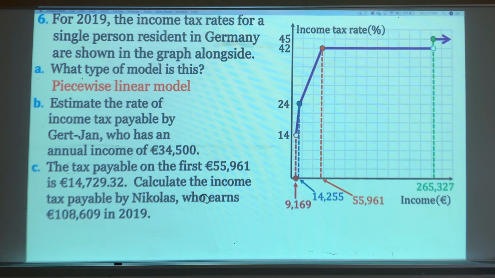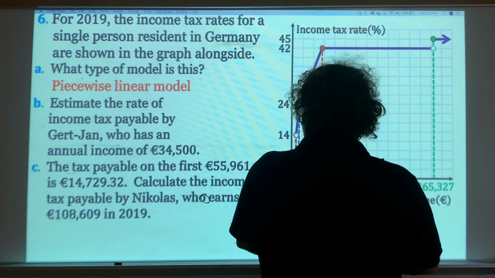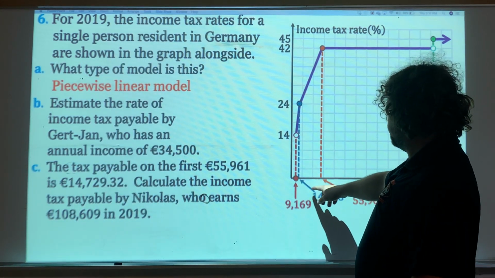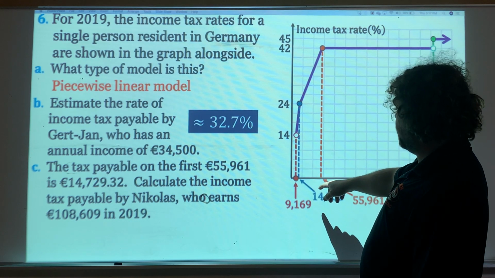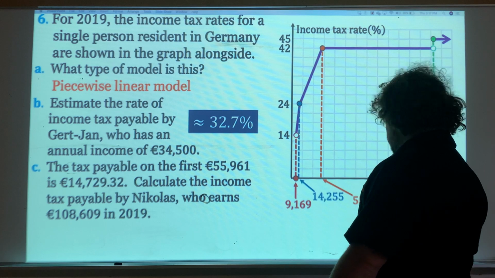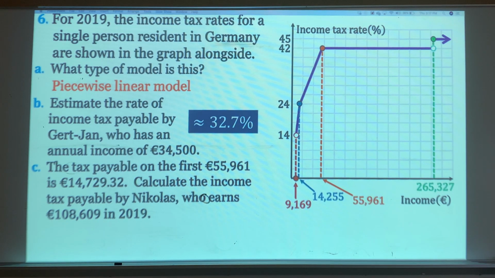Gurtjan has an annual income of 34,500 euros. So that's about 32.7%. How do I know that? I'm going to go over to the graph and extrapolate that from there.